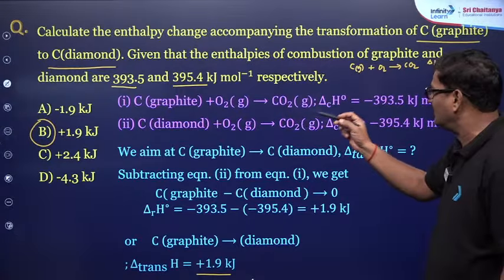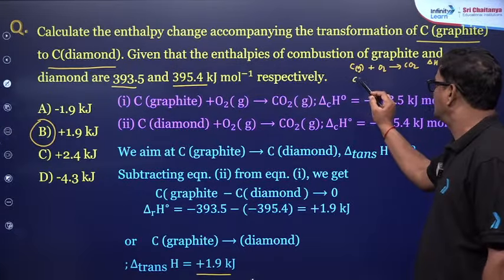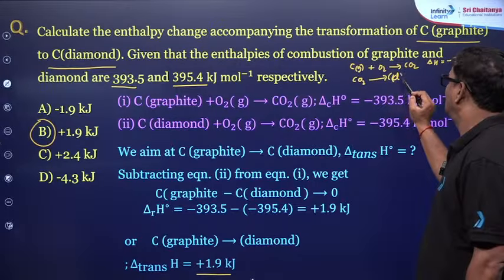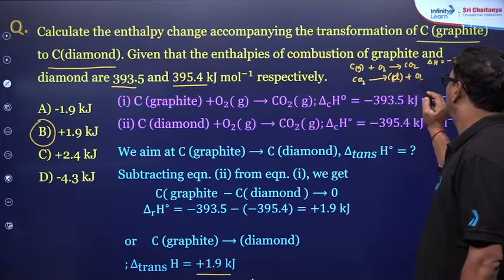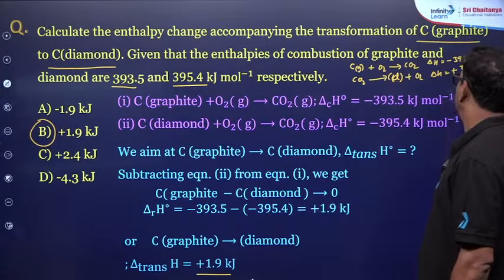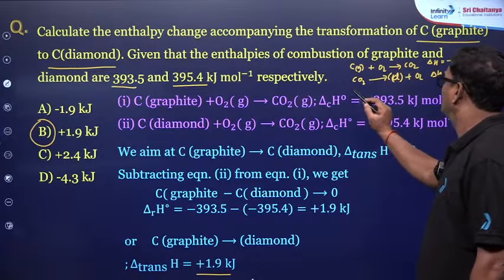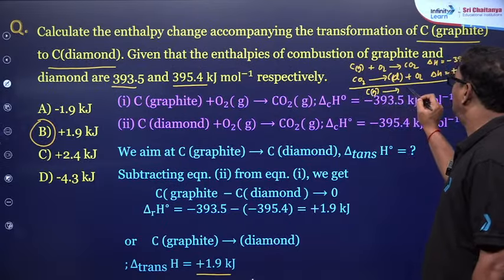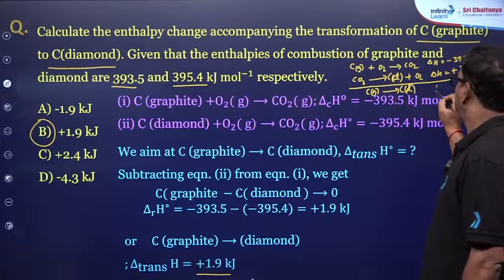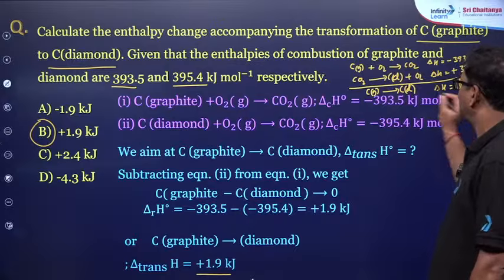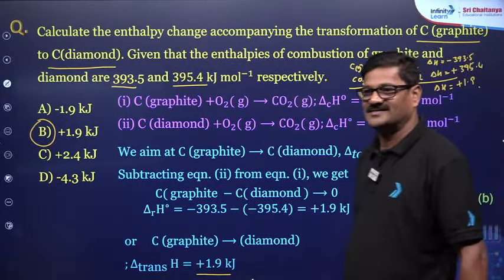If we reverse the second, CO2 gives C diamond plus O2, delta H is equal to plus 395.4. If you do so, C graphite becomes C diamond, so delta H, the sum, is plus 1.9. Simple, na?